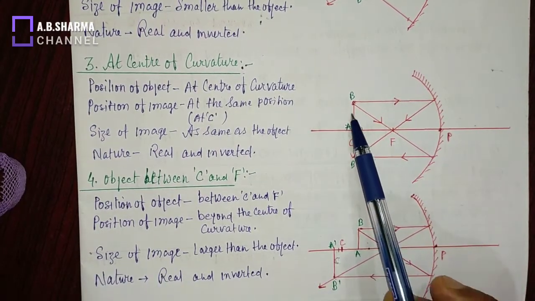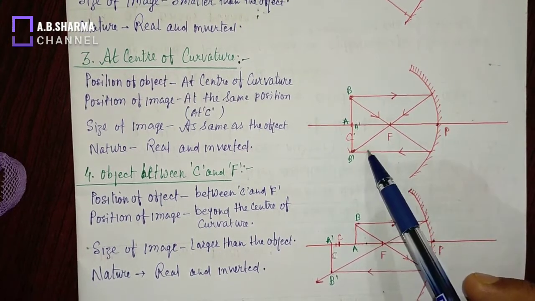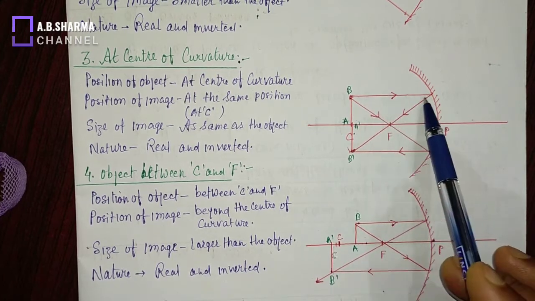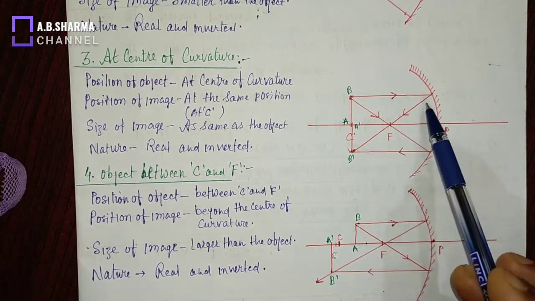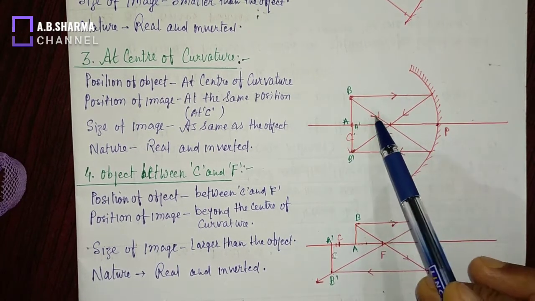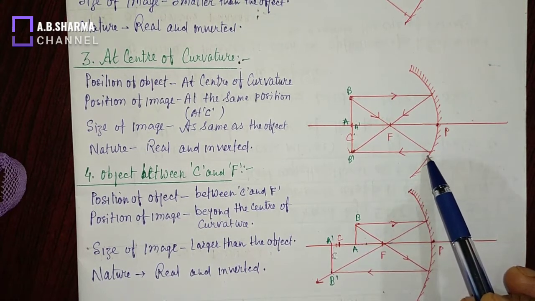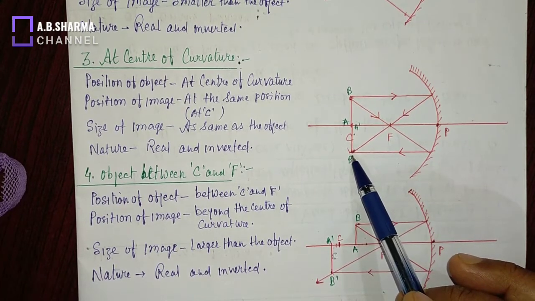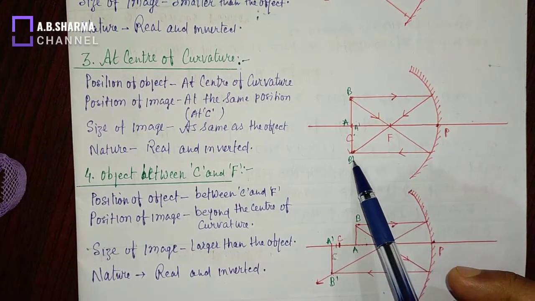So when the object is at 2F or at the center of curvature, using the rules, one ray that comes parallel to the principal axis will pass through the focus after reflection. Second, when the ray passes through the focus, it will become parallel to the principal axis, and this is the point of intersection. So AB is the object, and A dash B dash is the image.